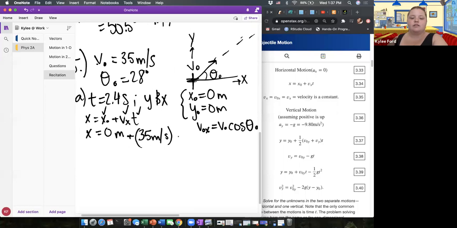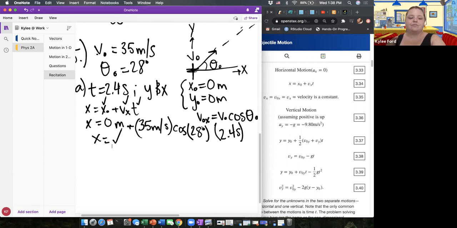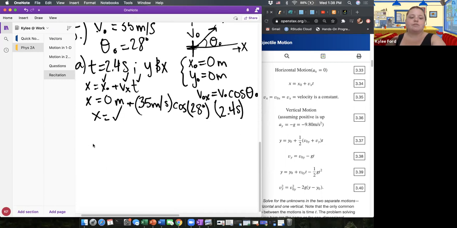So cosine of my angle, which is 28 degrees, multiplied by my time, which is 2.4 seconds. Then you'll plug everything in, you'll find a value, and now we have our x. We'll do the same thing for our y, but now we've got to find another equation. So let's look here.